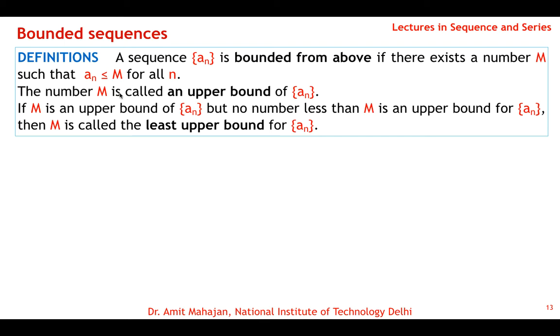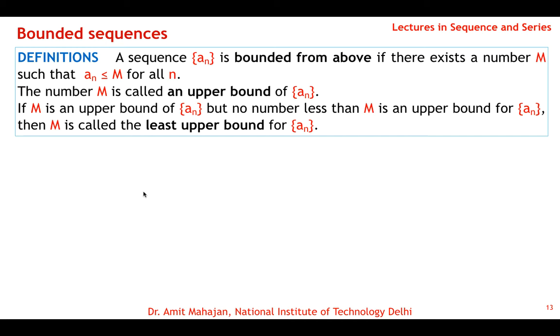And because there can be infinite upper bounds, if m is an upper bound of a_n but no number less than m is an upper bound of a_n, then m is called the least upper bound for a_n. So if you have infinite upper bounds of a_n, then the one below which there is no other upper bound will be called the least upper bound of the sequence.